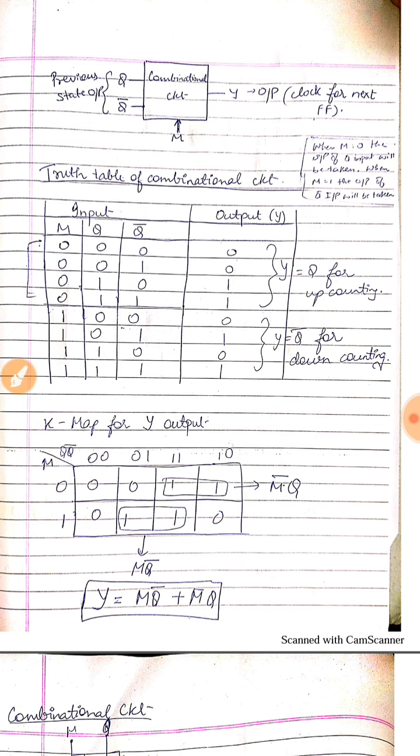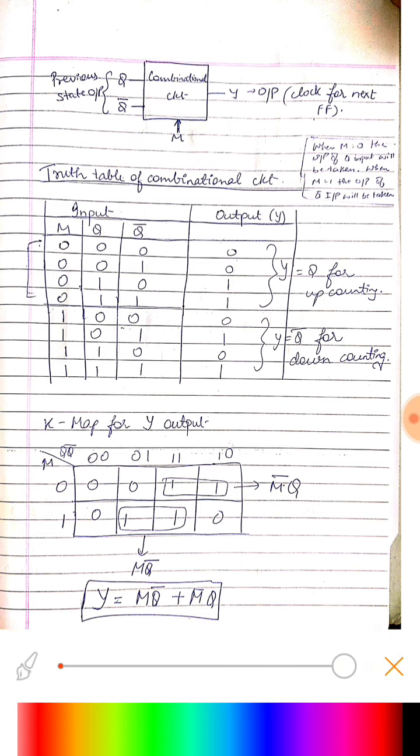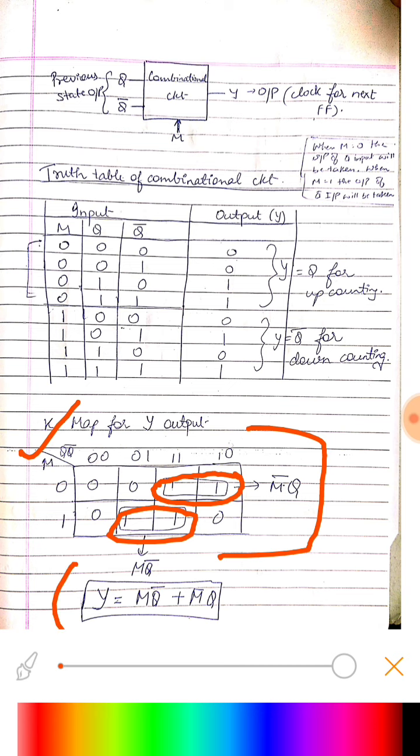You can solve it for output Y. For Y we need 3 inputs, so we need an 8 cell K-map. Where the value of Y is high, we would put 1 in these cells and pair them to find the logical expression, which comes out to be this one, that is Y is equal to M Q bar plus M bar Q.